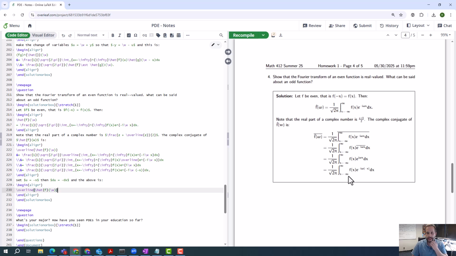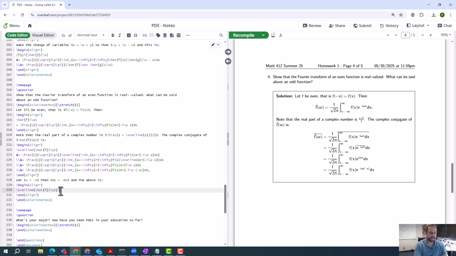Now what's going to happen? The x there is going to be a minus u, because x is equal to minus u. That's going to be a u there. The limits are going to get swapped, going from plus infinity to minus infinity, but du is equal to minus dx, so those cancel out.